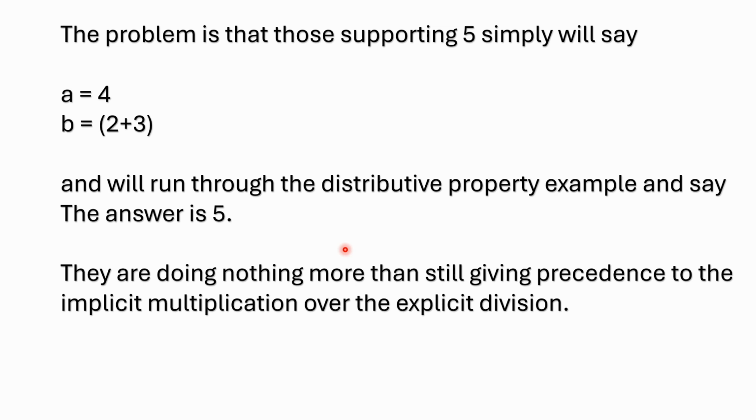And that really is what it comes down to. If you run through the distributive property with A is 4 and B is 2 plus 3 in parentheses, you're going to get the answer of 5. So they're really doing nothing more than still giving precedence to the implicit multiplication over the division.